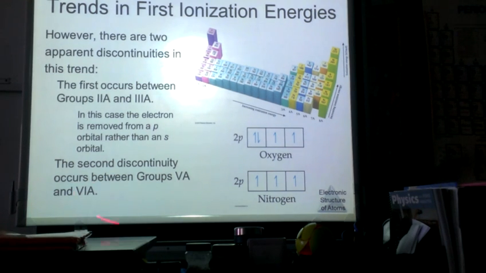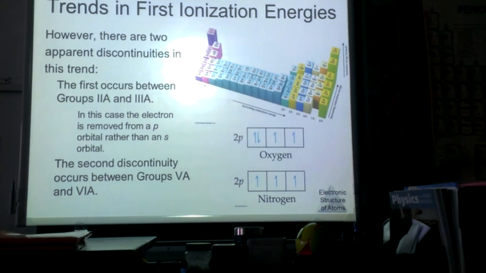I see a similar trend between group 5A and 6A. As I'm going from the nitrogen family to the oxygen family, they're very, very similar. They're very close. But there still is this discontinuity.